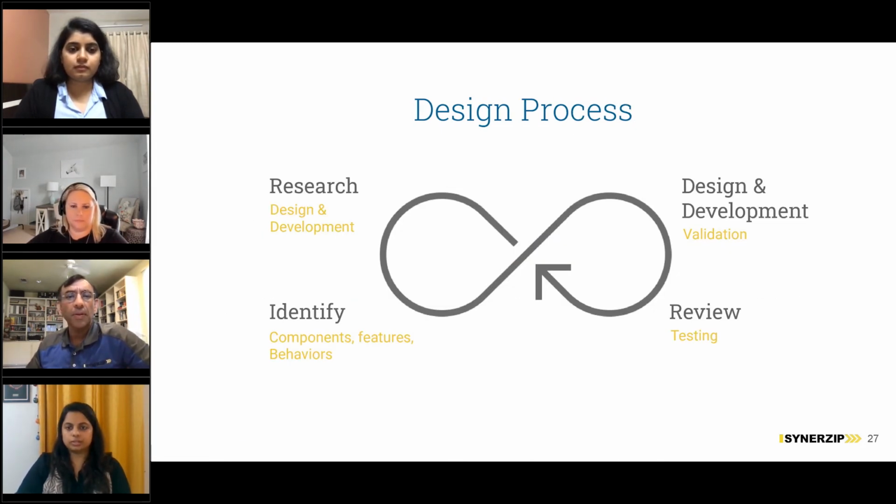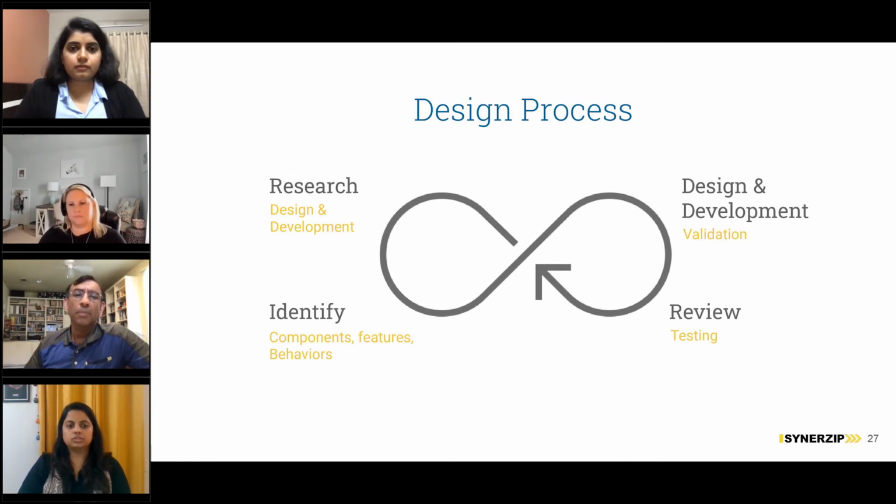Next, we'd move on to the design process. This design process is a mix of both design and development. We of course started with research for both design and development. For design, we had a product audit which we did initially to understand the variety of components and the variety of layouts which would be required to be incorporated.